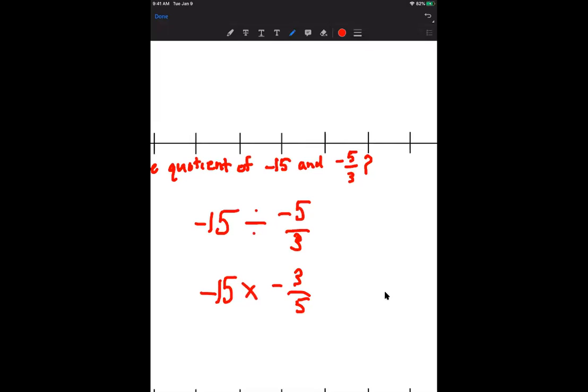Negative 15 times negative 3 gives us a positive 45. And that's going to be over 5, because this is the same thing as 15 over 1. So if you multiply across, 15 times 3 is 45, 1 times 5 is 5. And then lastly, you're going to take 45 divided by 5. And that's going to give your final answer of 9.